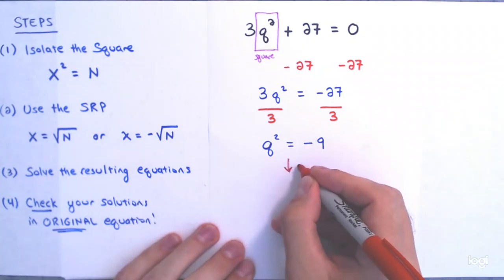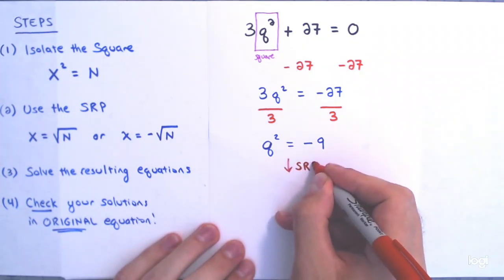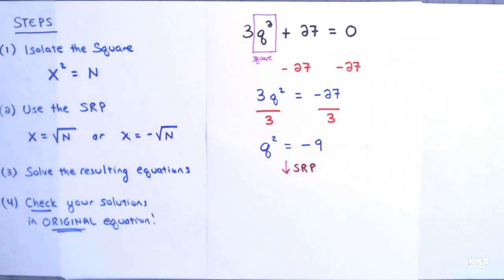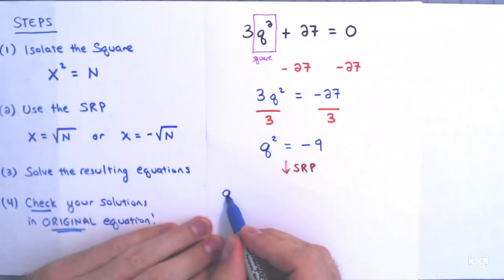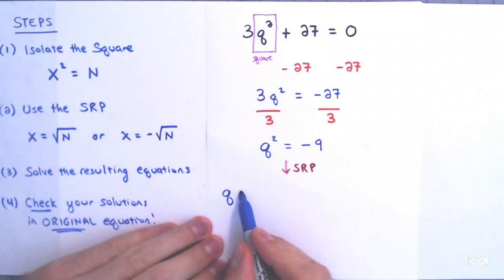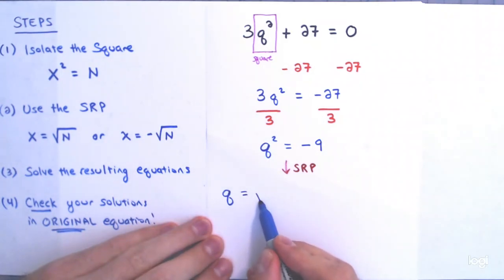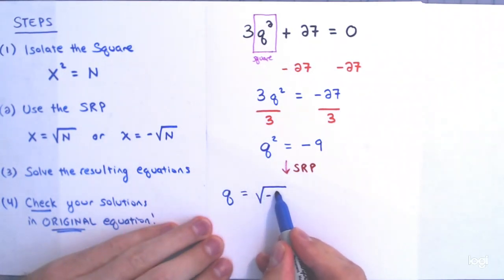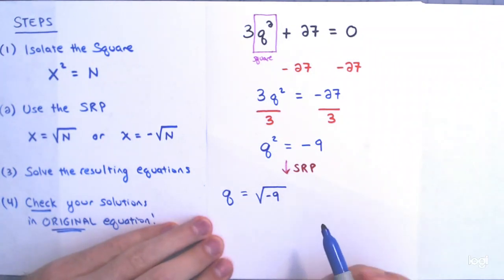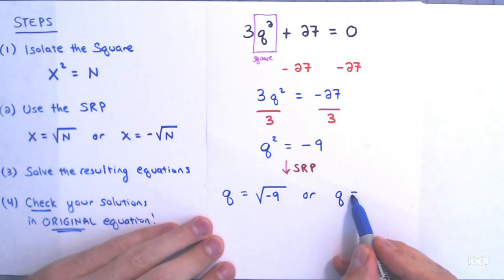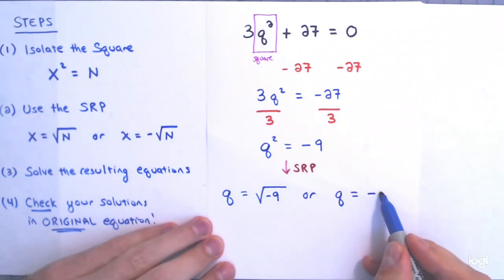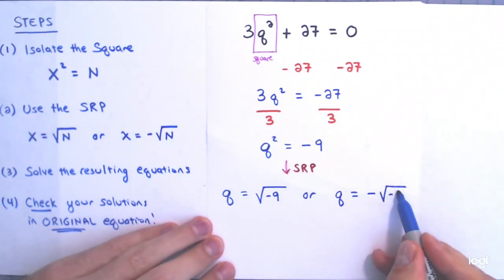All right, so by this square root property, the SRP, this q, the base under the square, is either equal to the positive square root, or the principal square root, of negative 9, or the base q is equal to the opposite of the square root of negative 9.